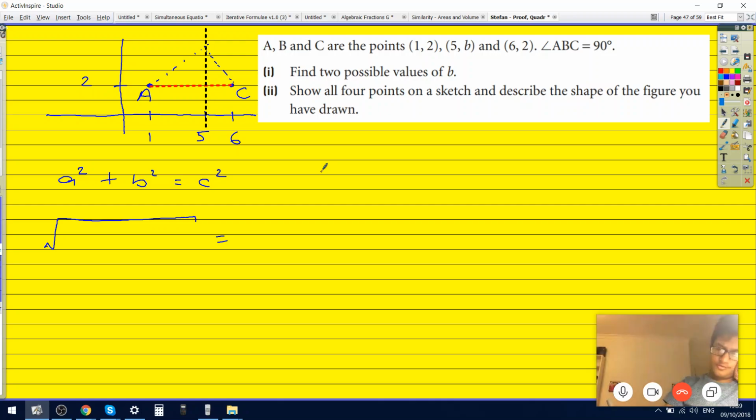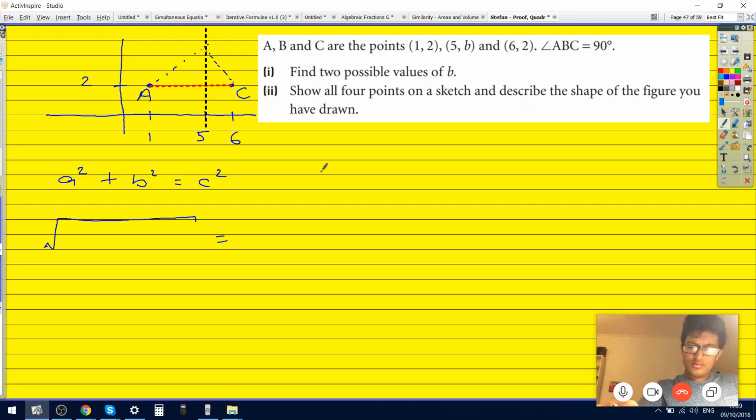So the root of 5 squared. So that's for the length of the line. What is the length of the line AC? AC is 5. Yeah, just 5, I think.